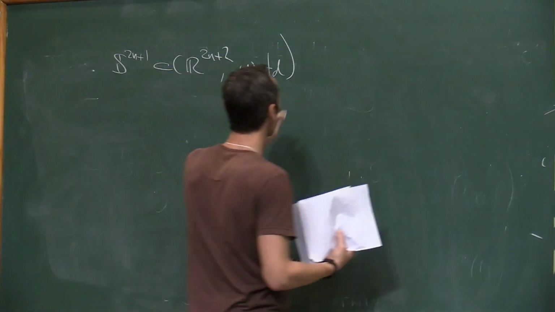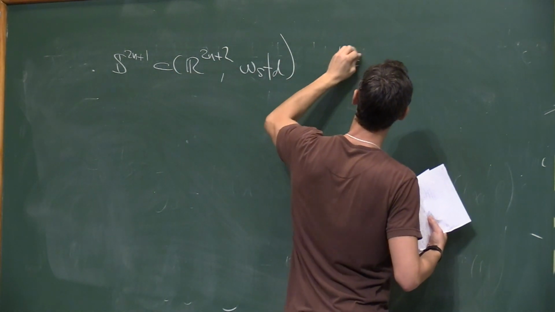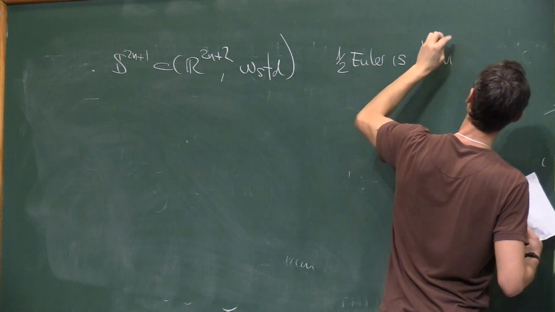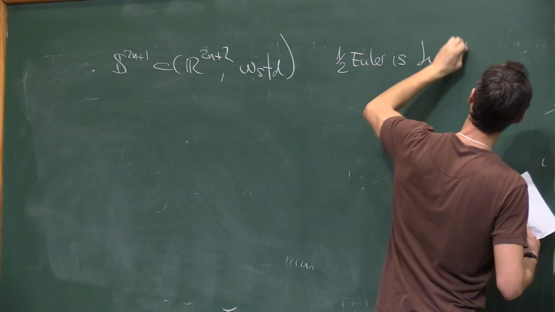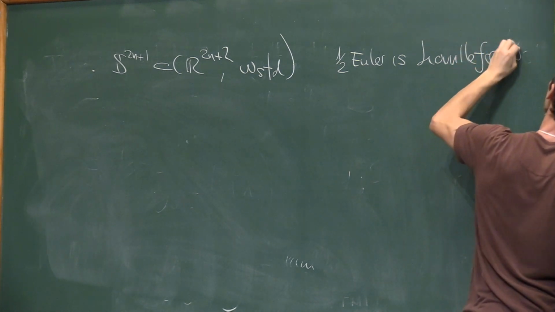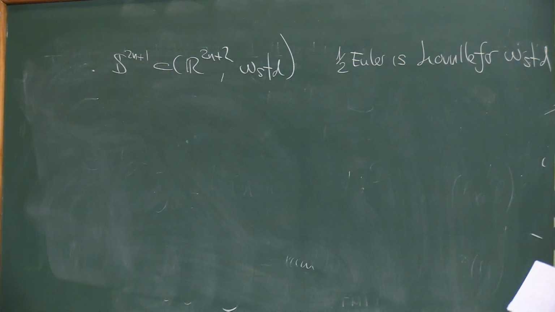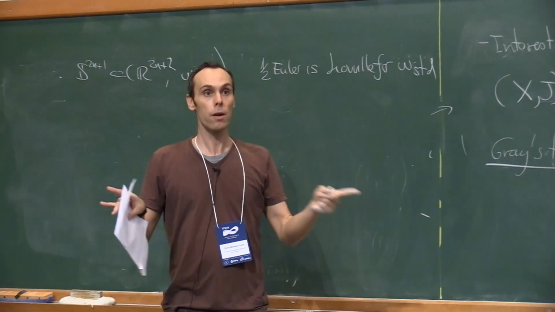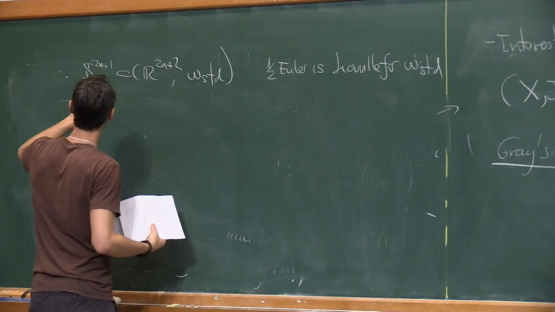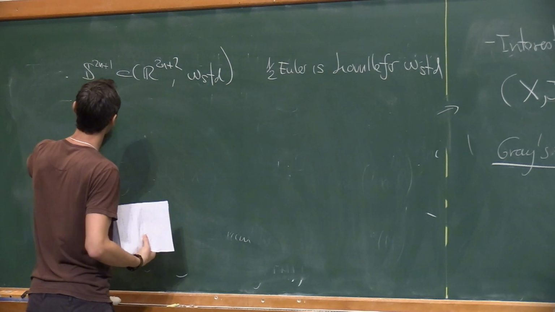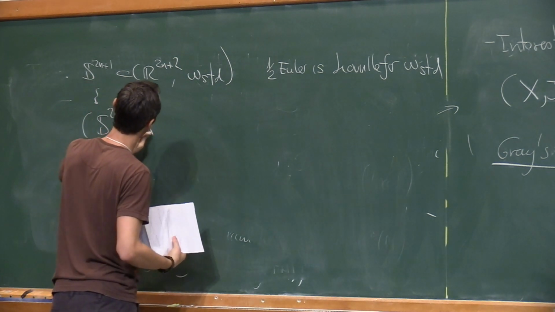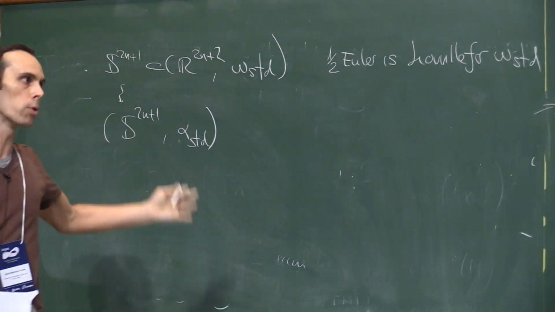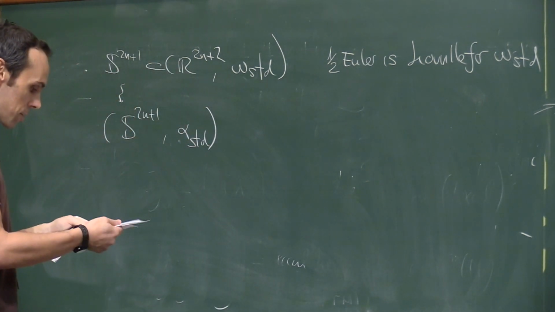And observe once more that one half of the Euler vector field is Liouville. Right? Now the unit sphere is transverse to the Euler vector field. So that means that you have a way of inducing, let's call it, a standard contact one-form on the sphere. So that's one of the ways of putting a nice contact structure on the sphere.